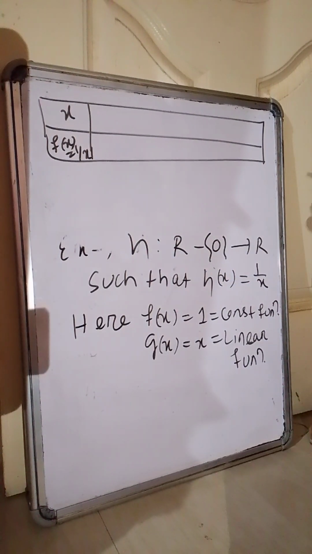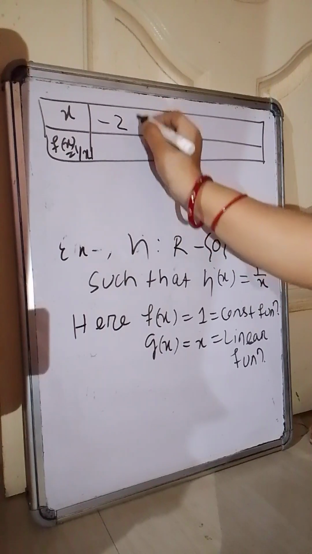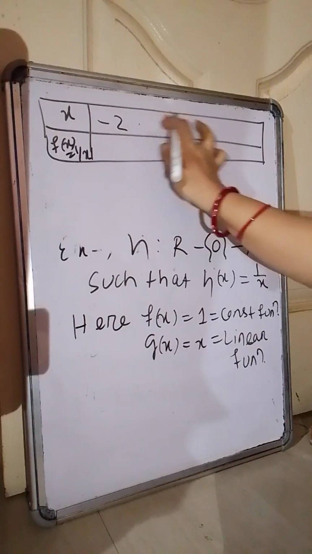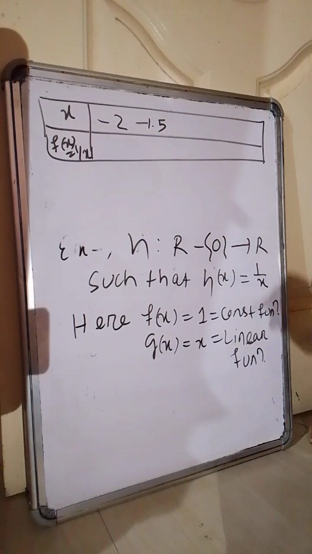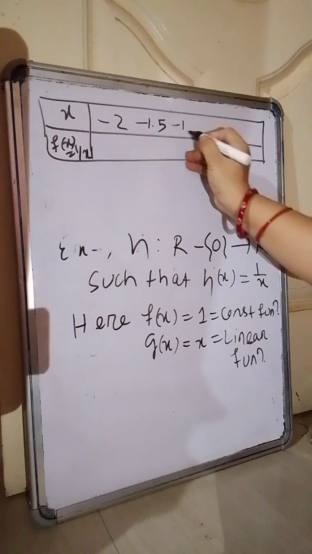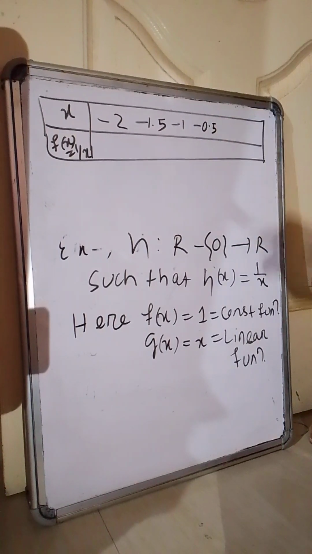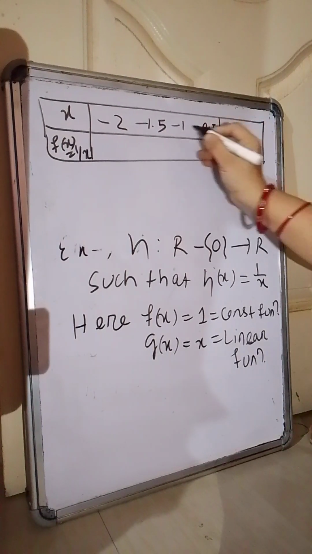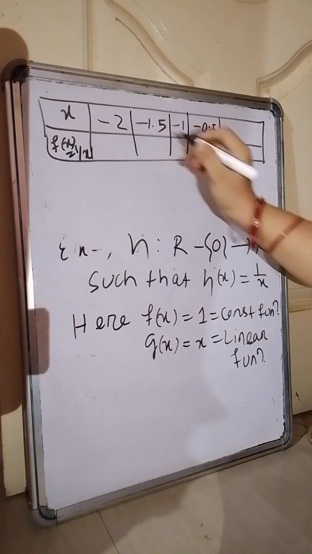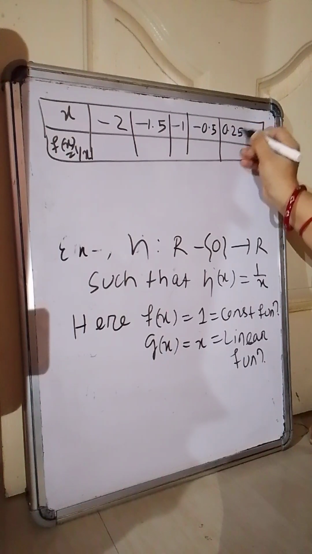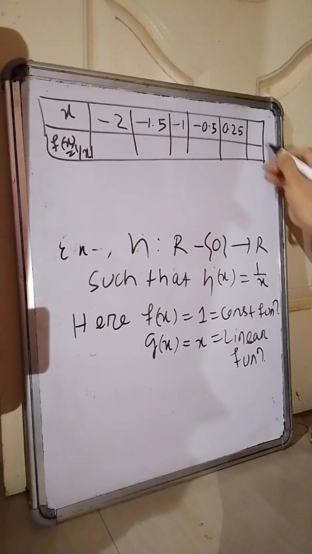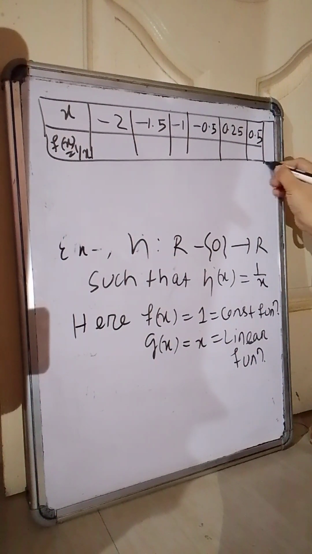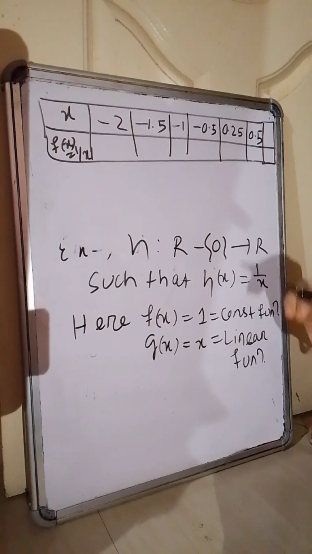Now take some values of x. So if it is minus 2, minus 1.5, minus 1, minus 0.5, then 0.25, 0.5, and here take another value, say 1.